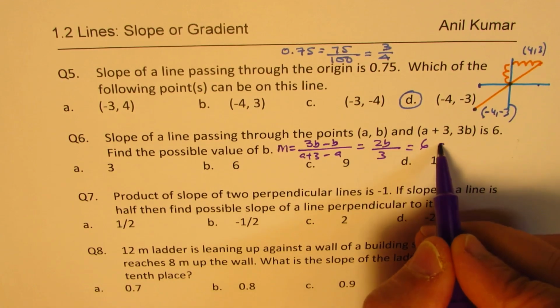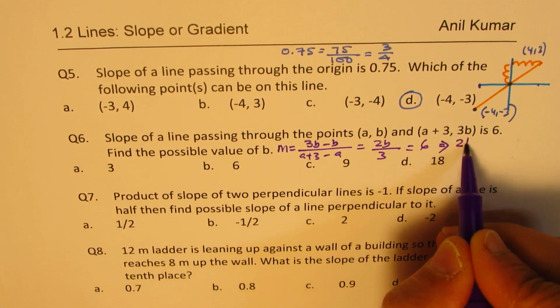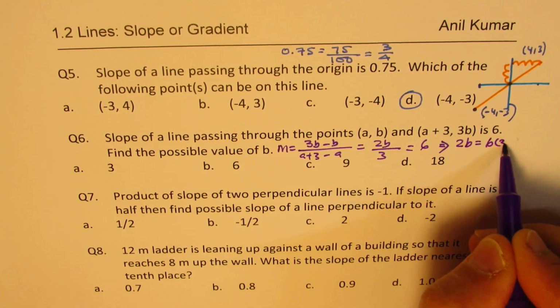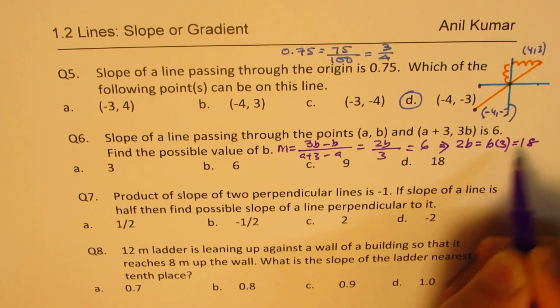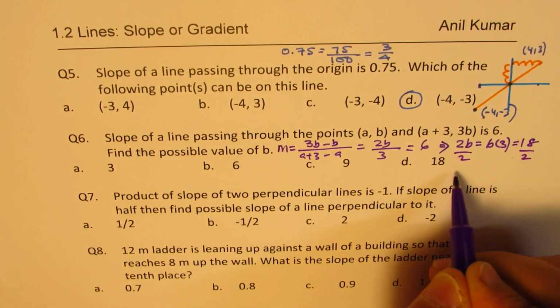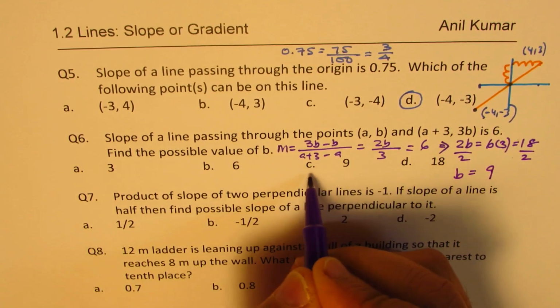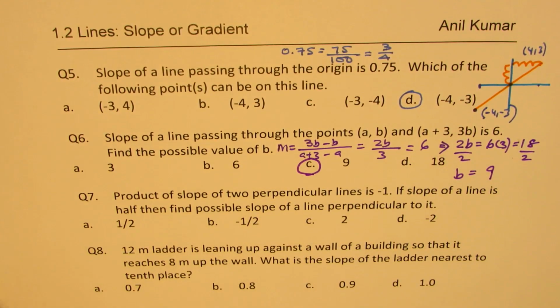So now we can cross multiply and write 2B equals 6 times 3, which is 18. Dividing by 2, we get B equals 9. So option C is the right option.